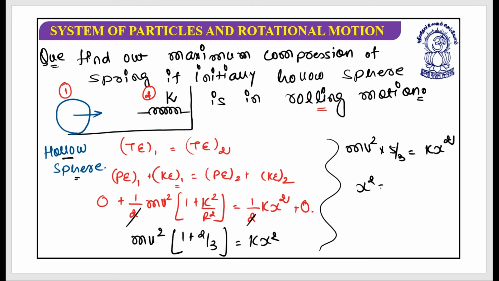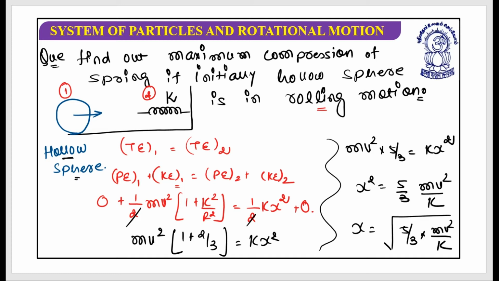So mv square multiplied by 5 by 3 equals kx square. So x square equals 5 by 3 mv square divided by k, or x equals the root of 5 by 3 multiplied by mv square by k. This is the maximum compression of the spring which is possible. I hope this is clear.